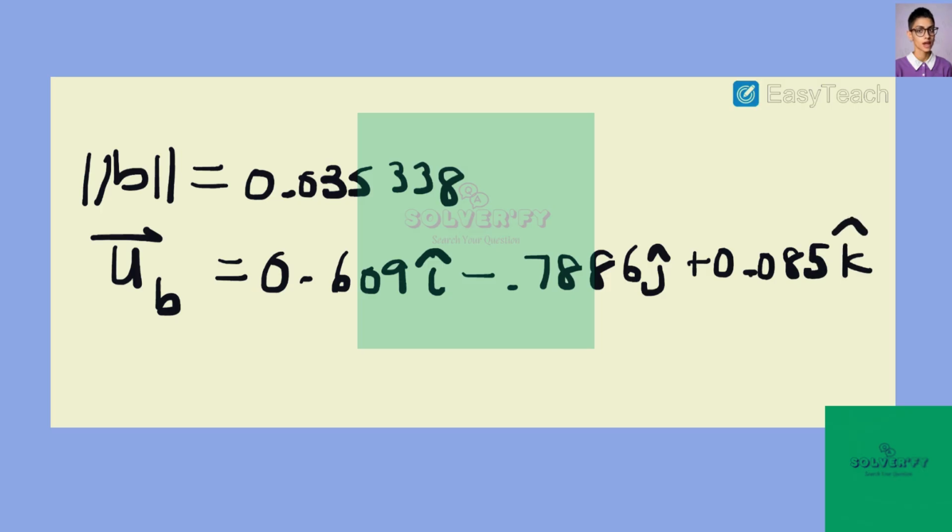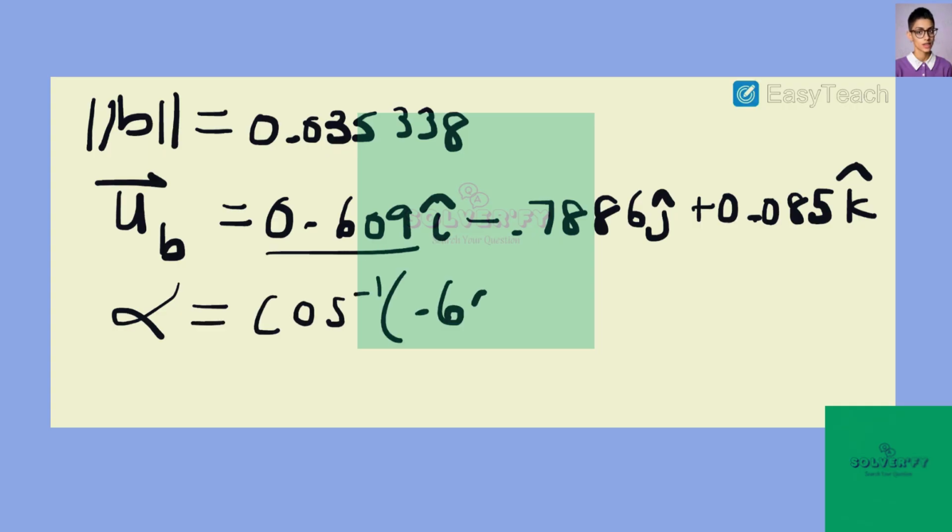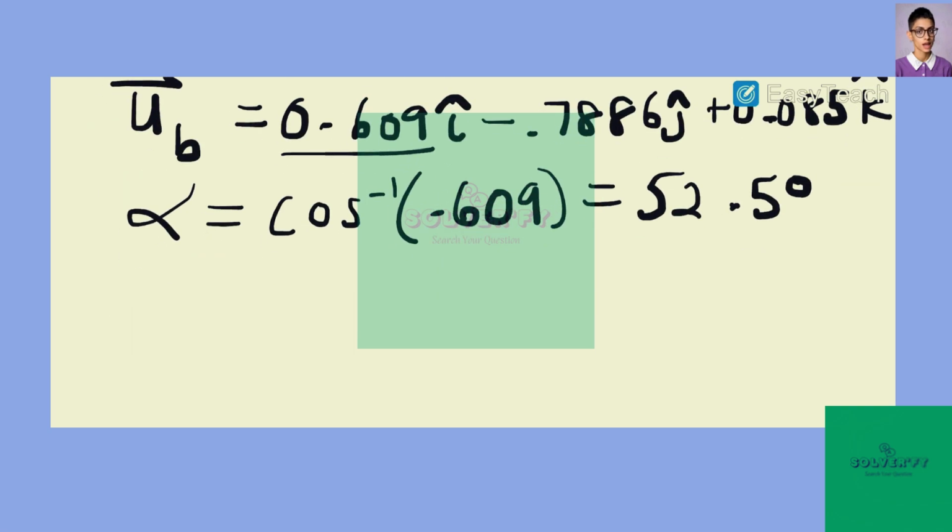Now we can actually go ahead and directly solve for the alpha, beta, and gamma angles, because alpha is simply the inverse cosine of the i hat term, so 0.609, which gives us 52.5 degrees.